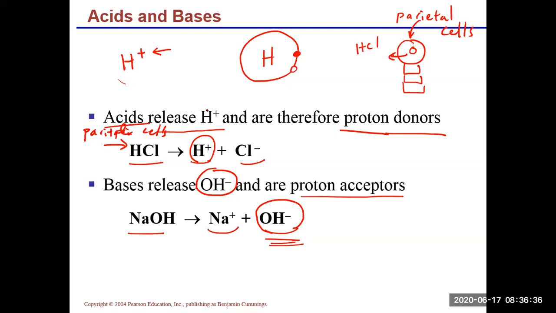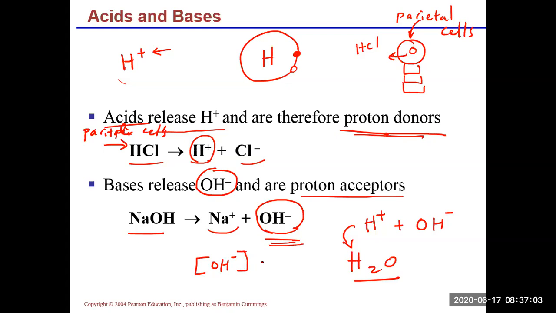Now, what if you have an equal number? This one is a proton acceptor, this one is a proton donor. As you can see, you get H2O. Hydrogen plus hydroxyl ion will give you H2O. So when we say water is neutral, it's because the number of hydroxyl ions is the same as the concentration of hydrogen ions, or protons.